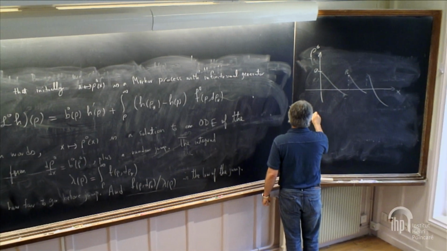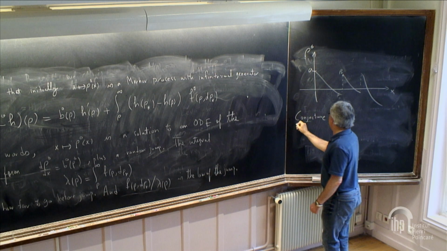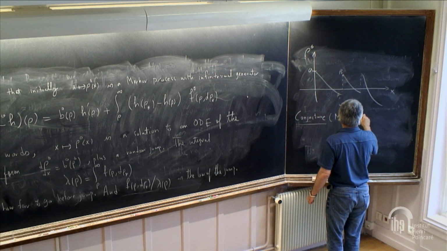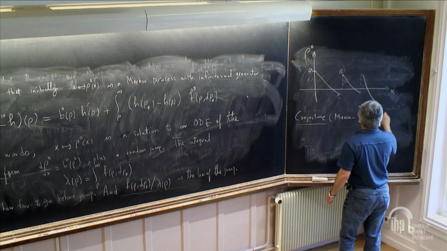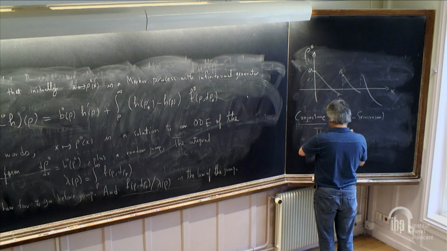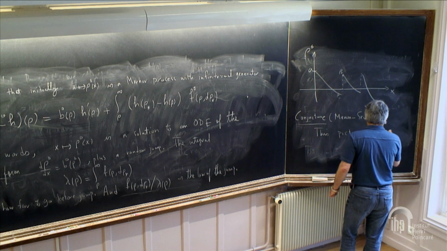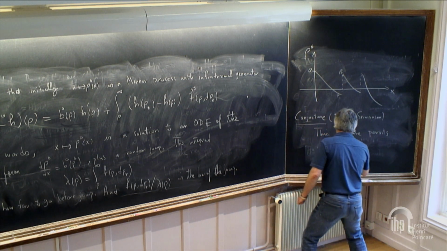So the conjecture, which is no longer a conjecture because now we know how to prove it, the conjecture of Menon and Srinivasan: this picture persists at later times.